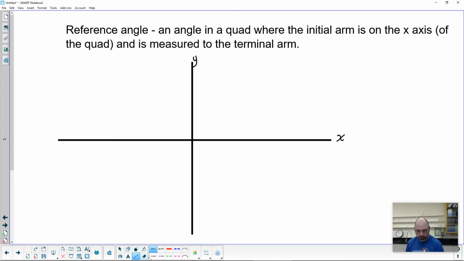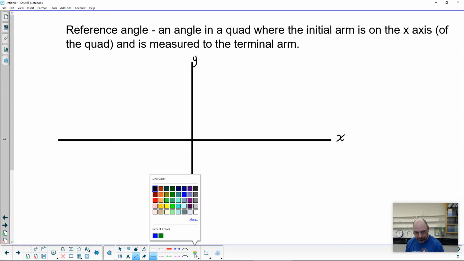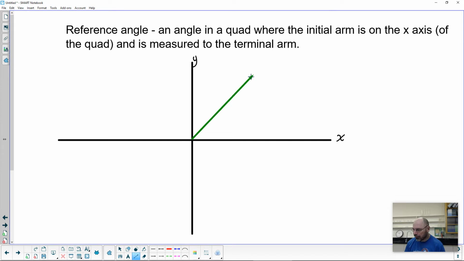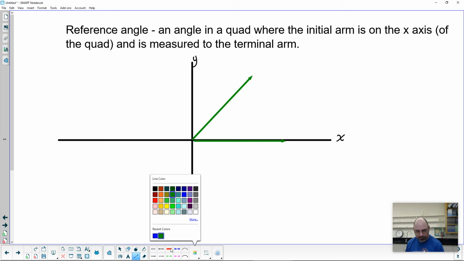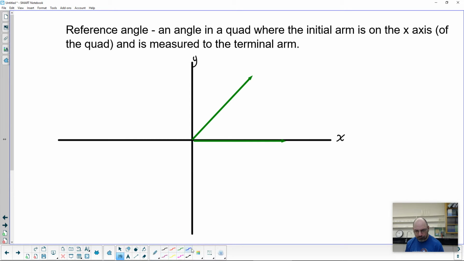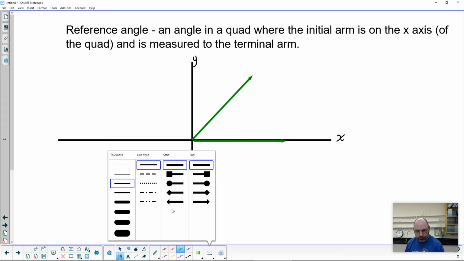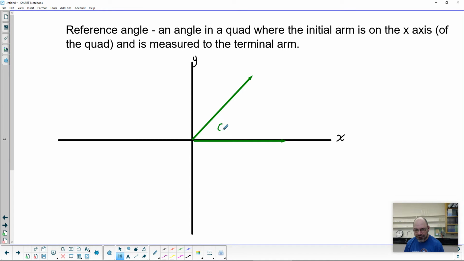Let's do different colors here. If I were to have an angle, this is my initial arm right here. If I were to say that this angle, theta, is equal to, it looks like 50 degrees.